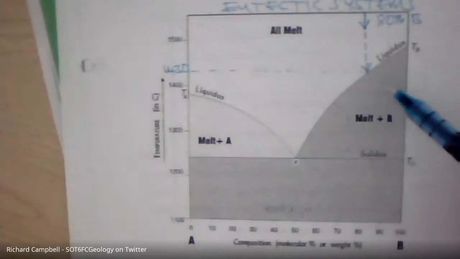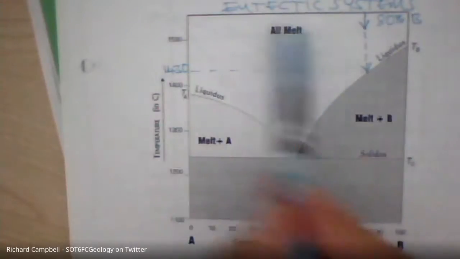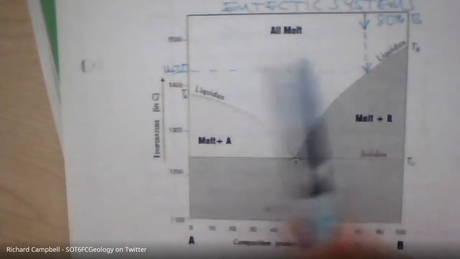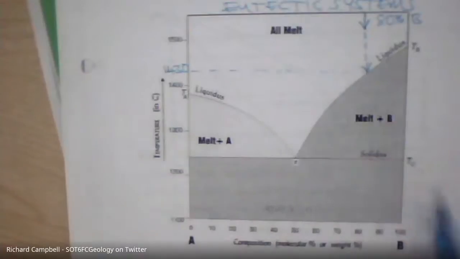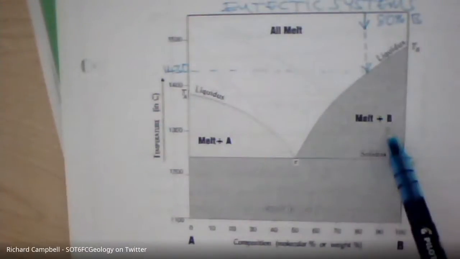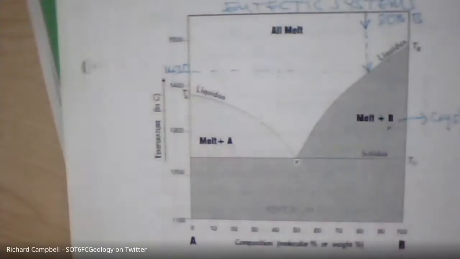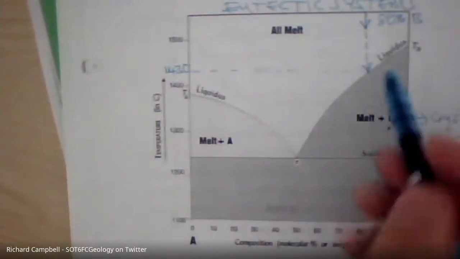As crystals of B start to form, the remaining melt, the remaining liquid, will become depleted in B. So here we've got melt, and B is crystallizing. So that turns to crystals.